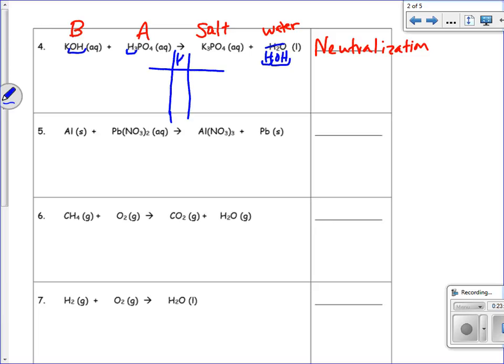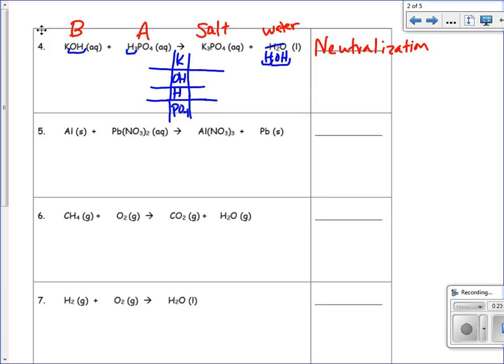So I get K, I get OH, I get H, and I get my PO4. That still didn't come out as well as I'd like it to. Let's fix that. There we go. Better. All right.